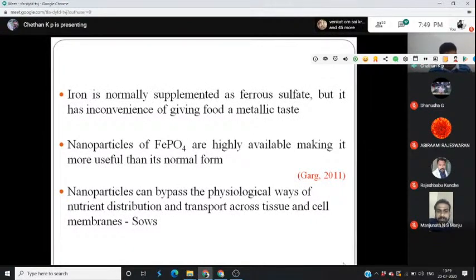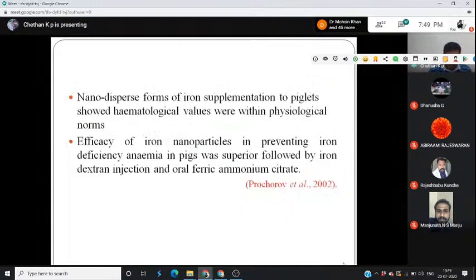Nanoparticles of ferrous phosphate are highly available, making them more useful than the normal form. Nanoparticles can also bypass the physiological ways of nutrient distribution and transport across tissue and cell membranes, especially in the sow. We all know iron cannot pass through the placenta to be available for the piglets. In nano form, it may also be possible.